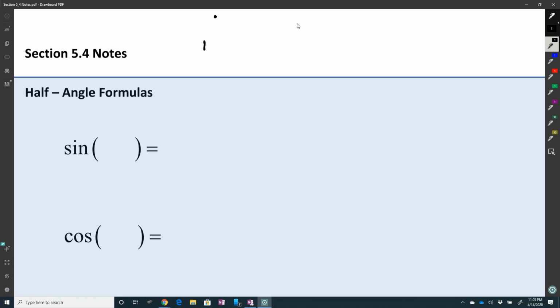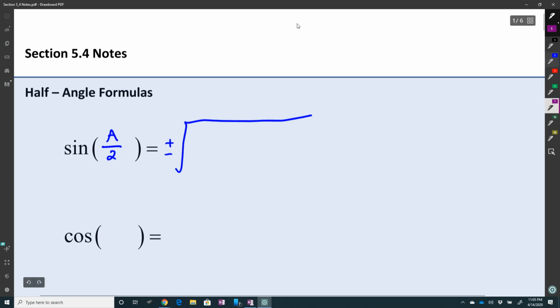Okay, so the first one is sine. So it's sine of a over 2. The formula looks nasty, but I'm going to go ahead and prove all of them to show you. It's plus or minus, and the plus or minus depends on the quadrant.